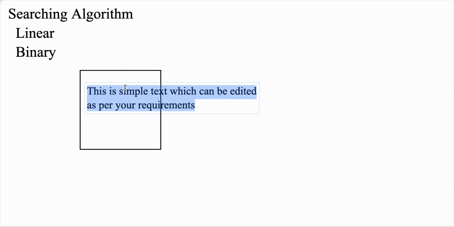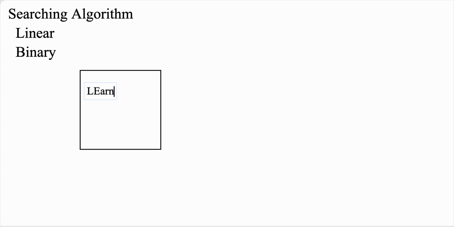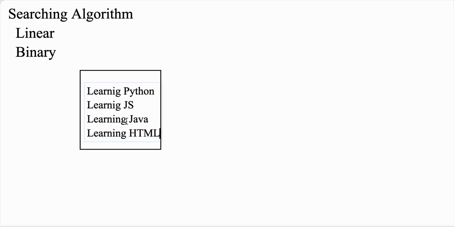The first book is Learning Python, the second one is Learning JS, the third one is Learning Java, and the fourth one is Learning HTML. So here we need to find the specific element, the specific book.